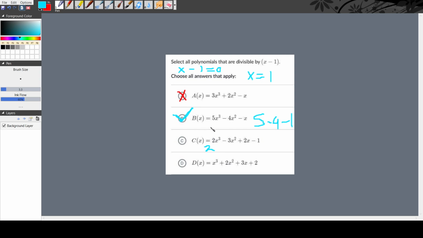So continuing, 2x cubed is 2, minus 3x squared, 1 squared is 1, times minus 3 is minus 3, plus 2 times 1, plus 2, minus 1. And as you can see, this is also 0.